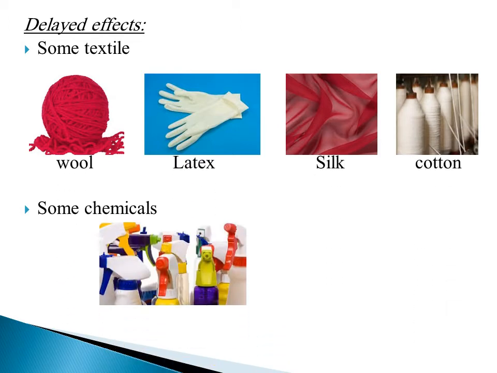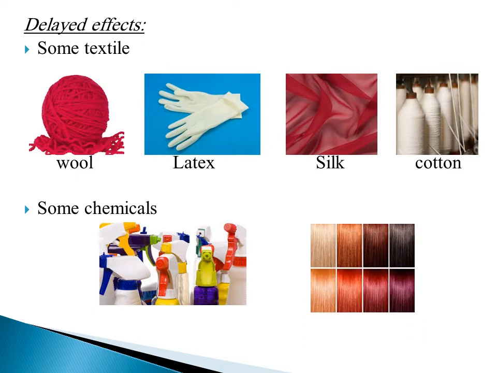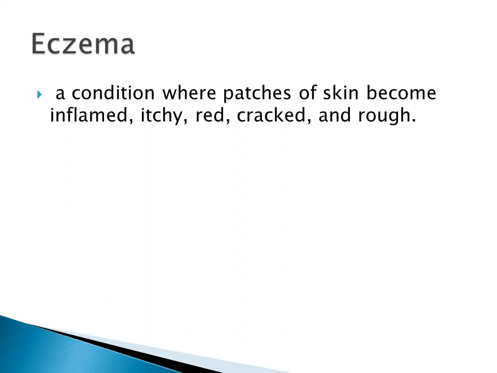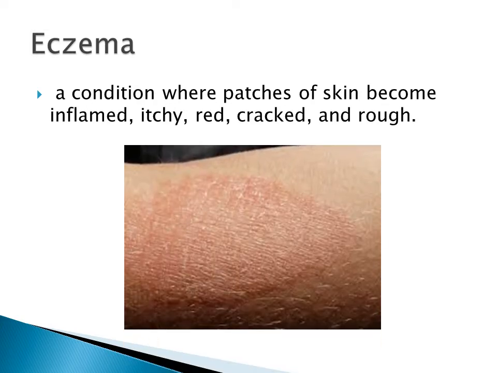Examples of chemicals are cleaning materials and hair dyes. These allergens usually lead to eczema, which is a condition where patches of skin become inflamed, itchy, red, cracked, and rough, as you see in this picture.